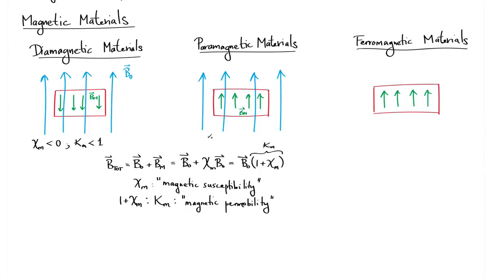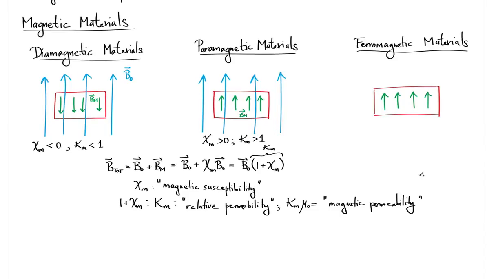And for paramagnetic materials, chi sub m is greater than 0. Kappa sub m is going to be greater than 1. So actually, I just had to correct something here. I got this backwards.